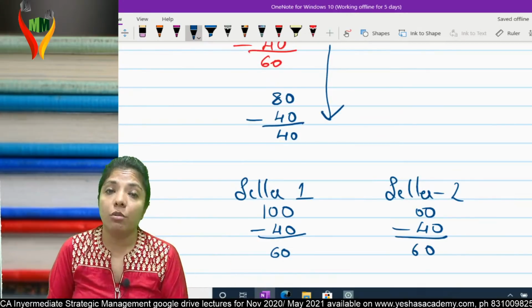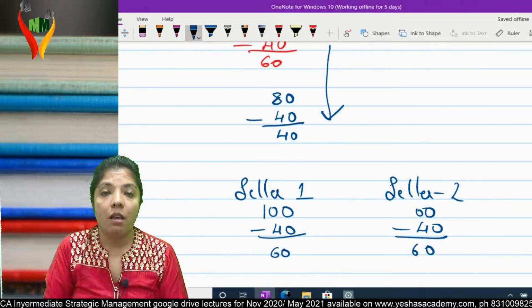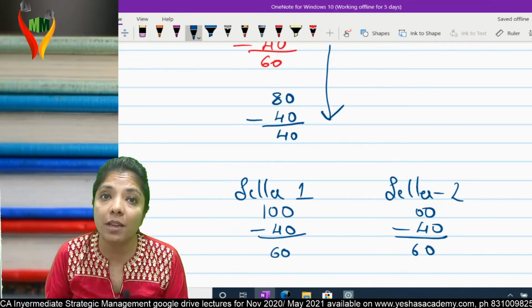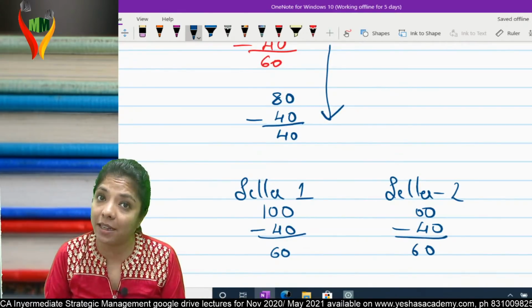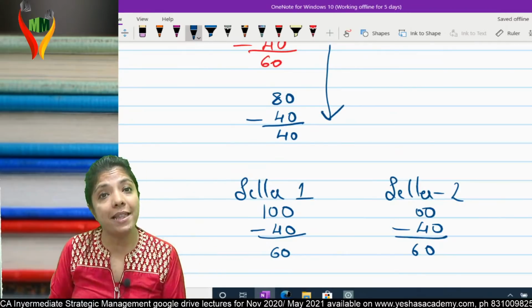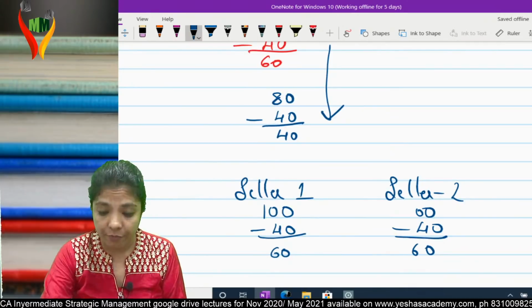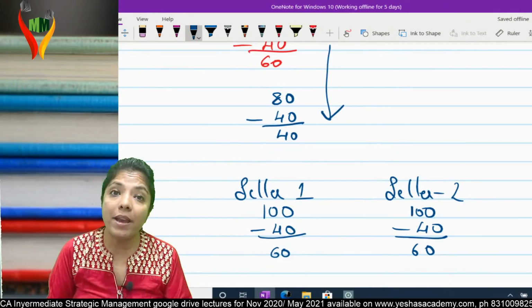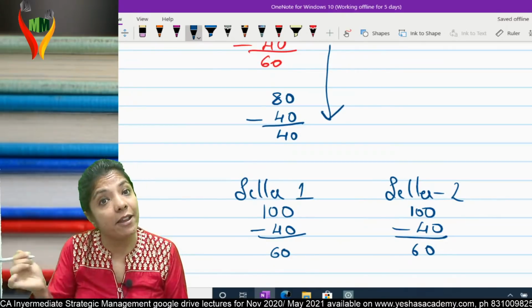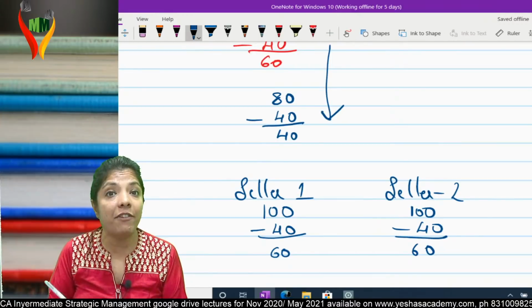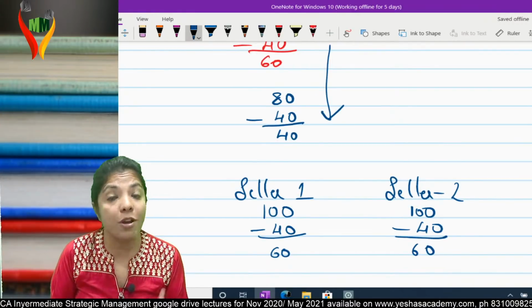I went to seller 2. How much for this pen? 100. He is giving me 90 and you are giving me 100. So what will seller 2 say? Ma'am, okay, I will give you 90. No. If I want to buy at 90, I'll buy from him because he offered me first. Okay, 85. Okay, I went back to seller 1. He is giving me 85. Okay, ma'am, I will give you 85. No, if I want to buy at 85, I'll buy from him because you offered me first. Okay, ma'am, 80.